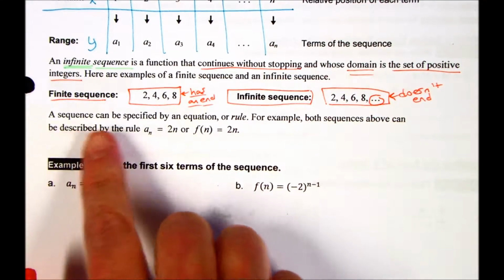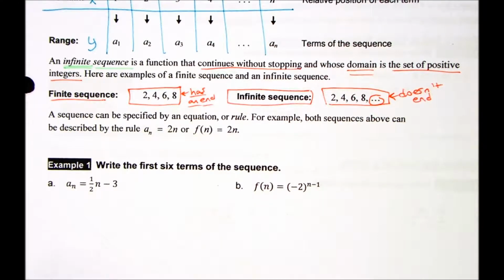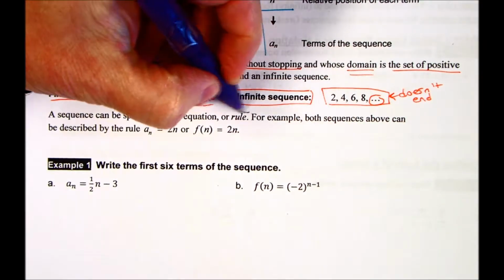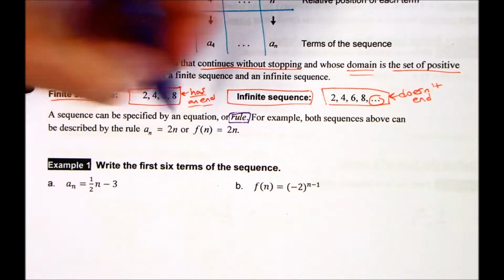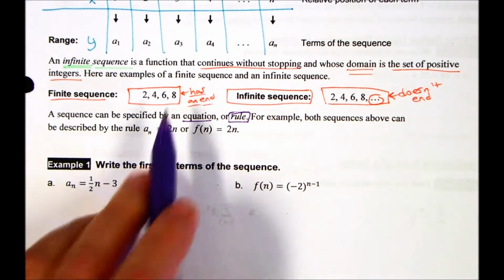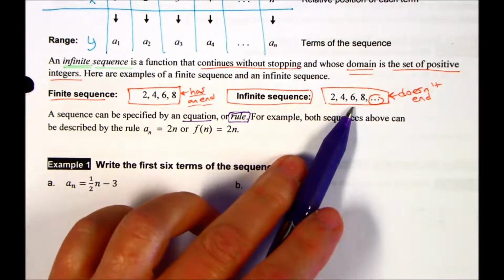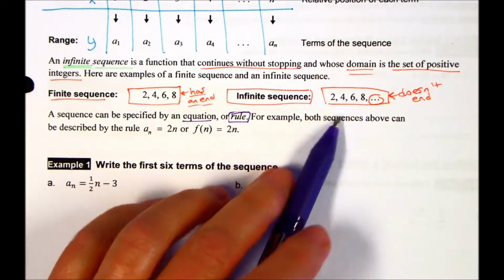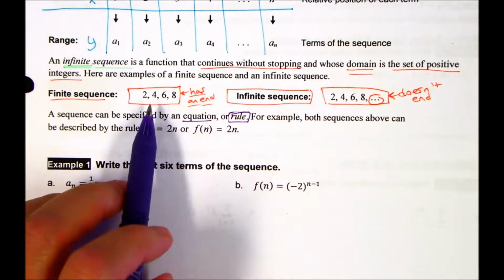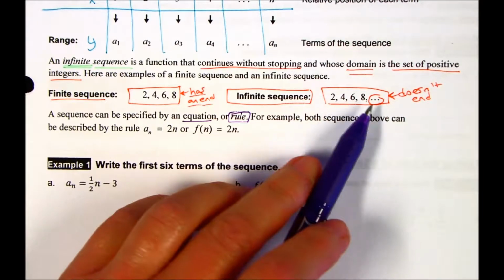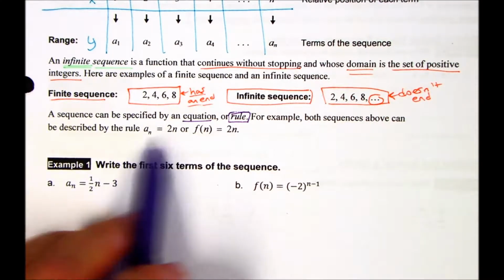So a sequence can be specified by an equation or a rule. So in this finite sequence and in this infinite sequence, you can see they're basically the same numbers, but this one goes on forever and ever. Well, there's two ways that we could write the rule.